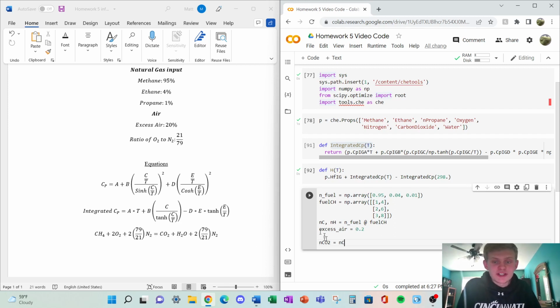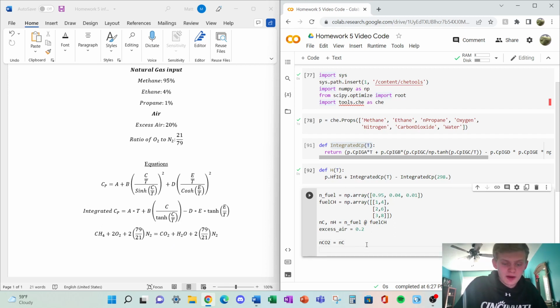And there is no ratio between our moles of carbon dioxide and carbon, because there's only one molecule on the right side of the equation that has carbon, so we can just immediately rule that off.